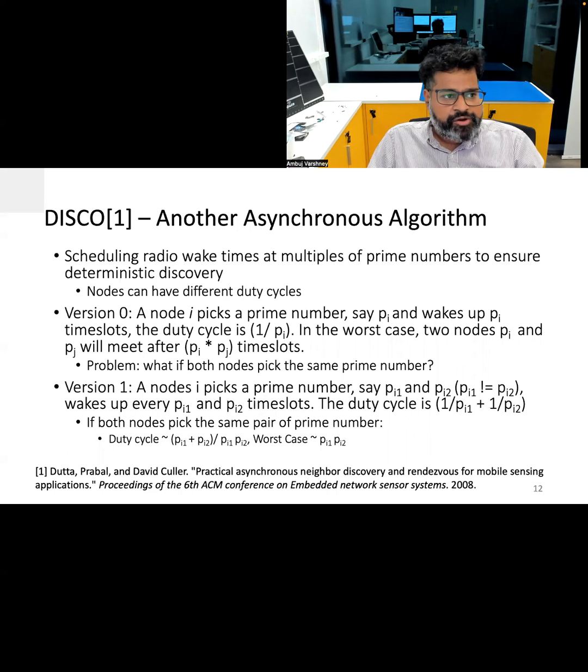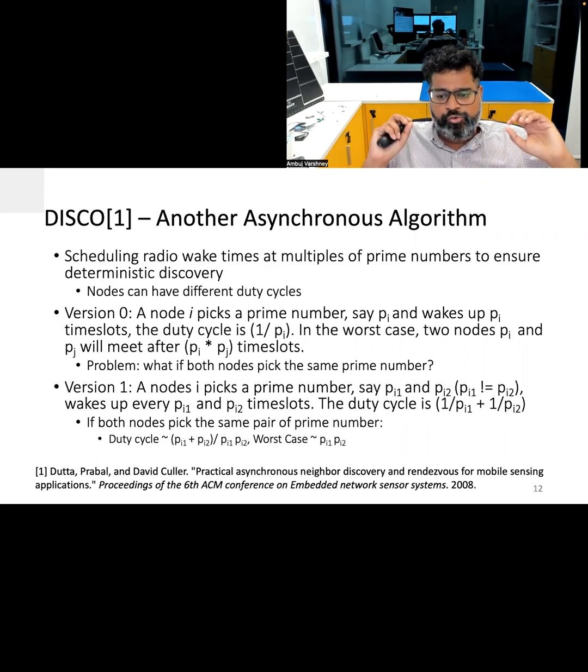There is another kind of asynchronous protocol that can ensure deterministic discovery time. We can give one example, called Disco. This protocol makes sure that nodes wake up at a multiple of some prime number. In this research paper, which was published in SenSys in 2008, they demonstrate that this can ensure deterministic discovery time for the neighbor discovery process.